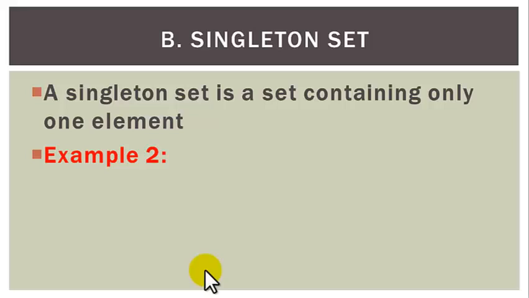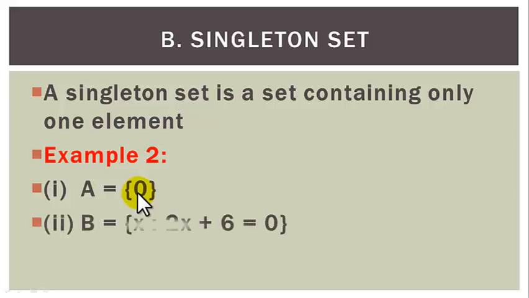Example number 2. 1. The set A containing only 0 as its element is a singleton set. 2.